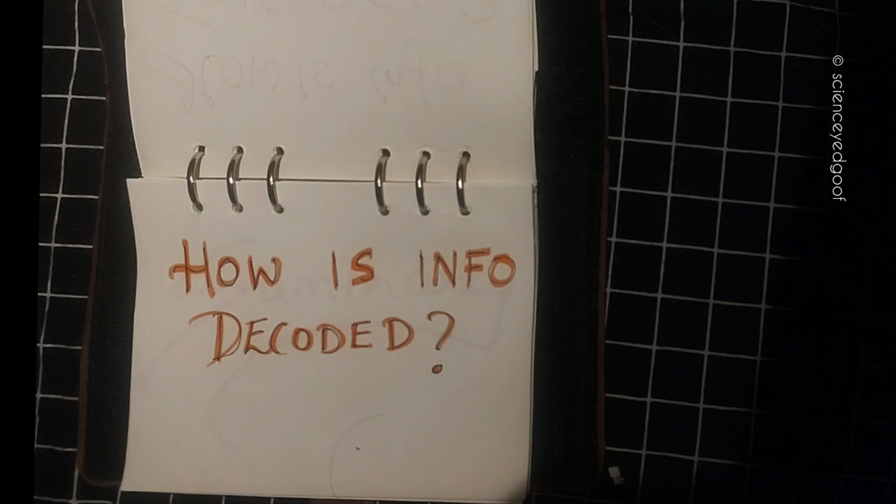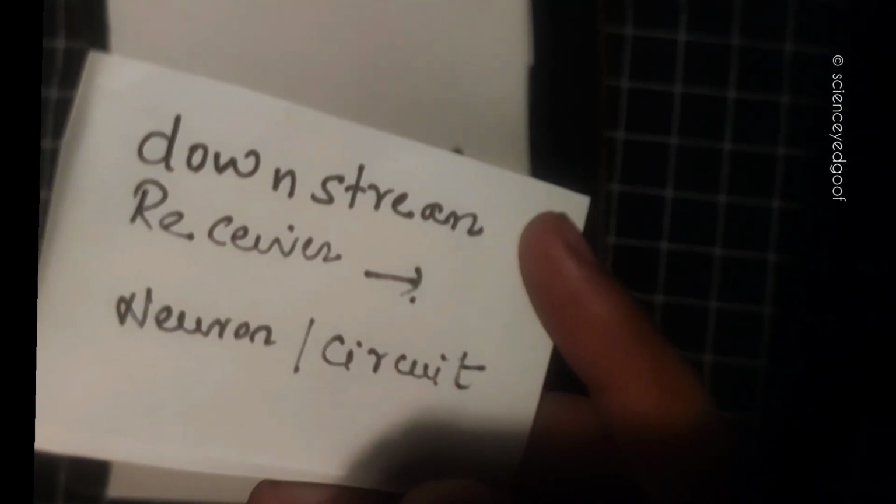In our case, the downstream receiver is a neuron or a circuit.